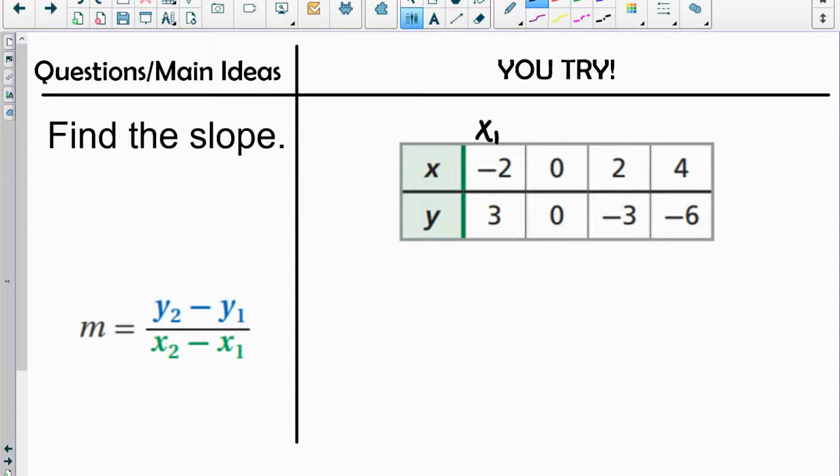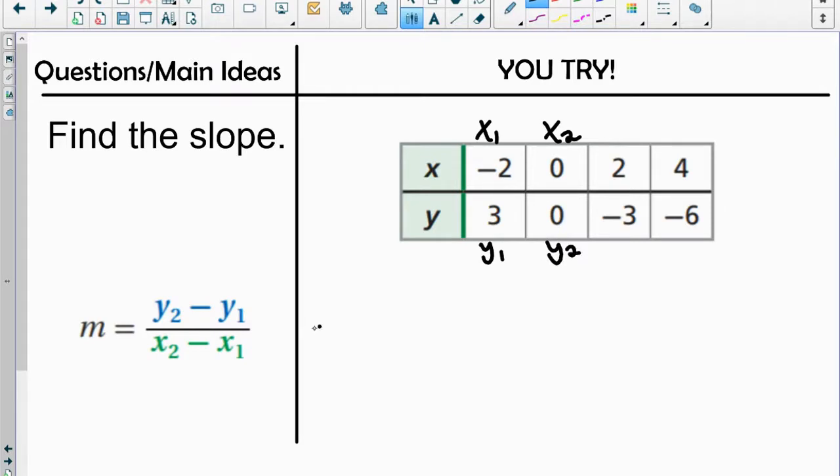What would we label x sub 2? And x sub 2 would be 0. What would we label y sub 1? Our first y coordinate would be 3. And what would we label y sub 2? Our second y coordinate is 0.